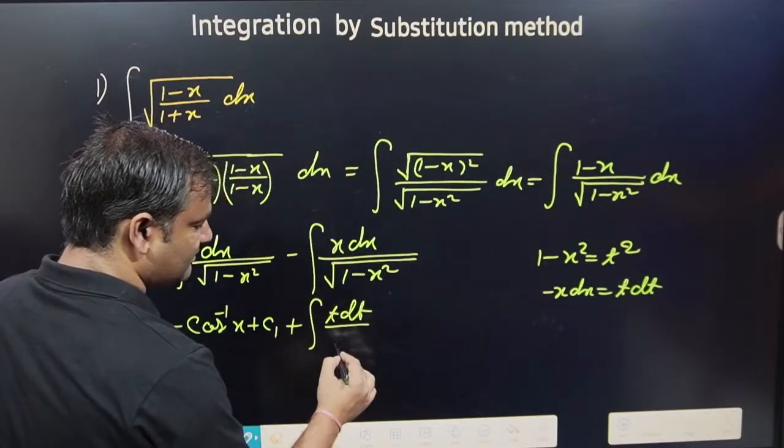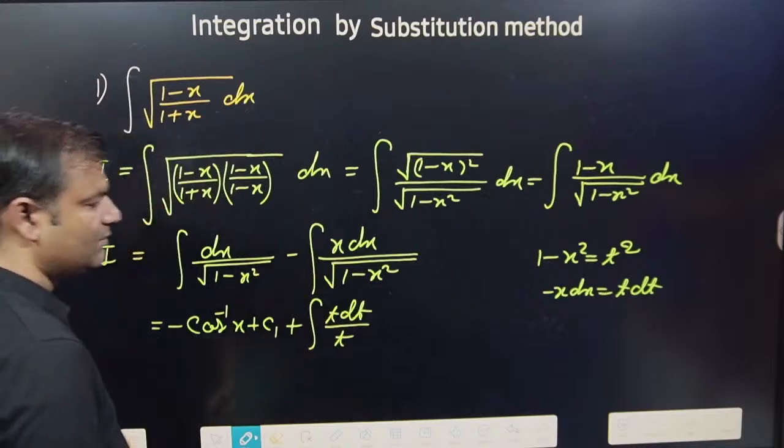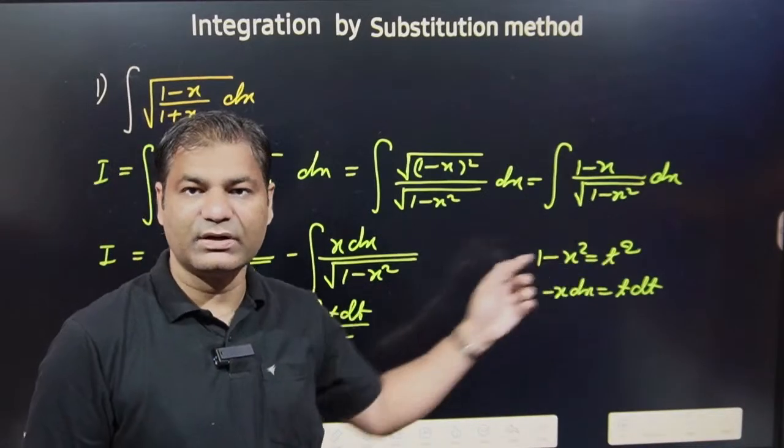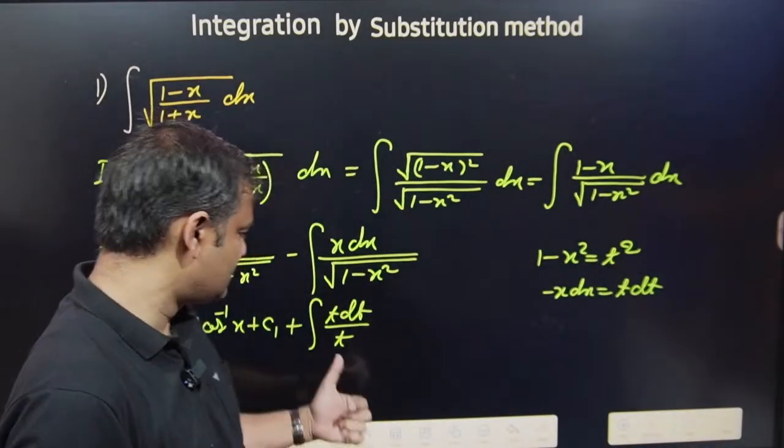And what about that value? Simply t. Okay, if this is replaced by t square, then under root t square is basically t, so t cancels.